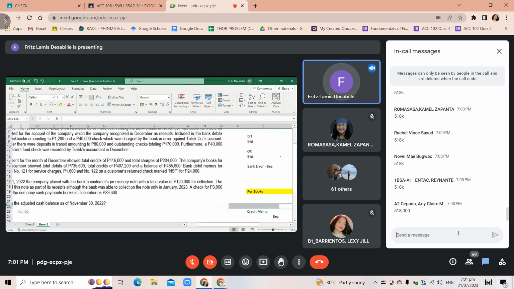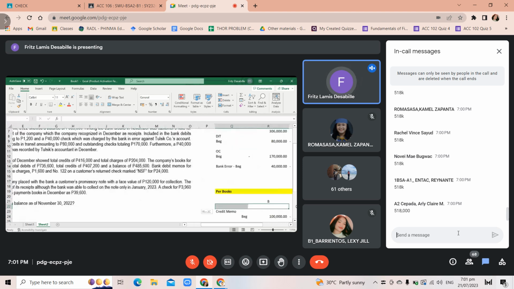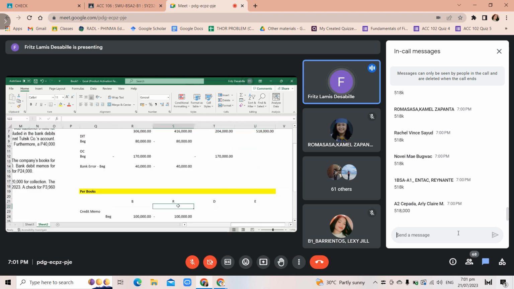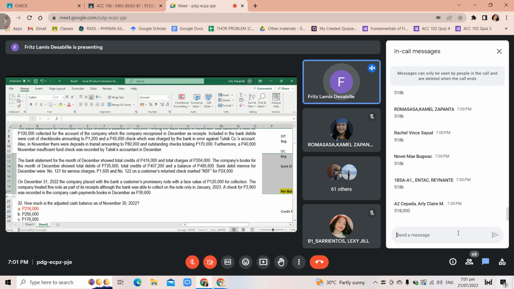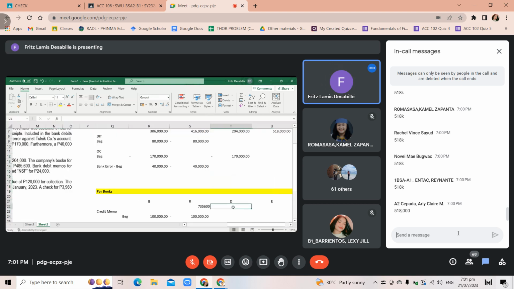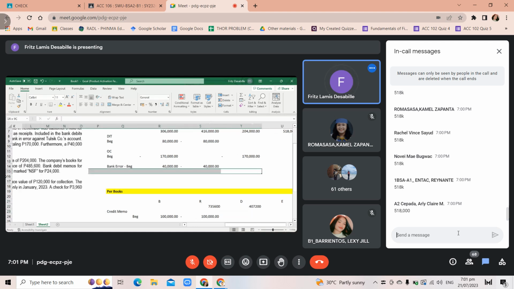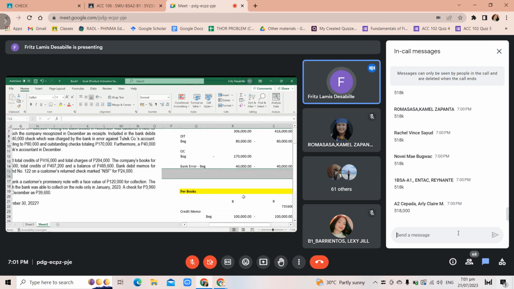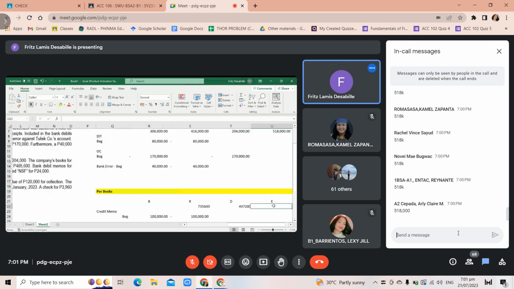The company's books, pila ang debit? 735,600. Ato ang credits is 407,200. And ato ang ending balance is 485,600.